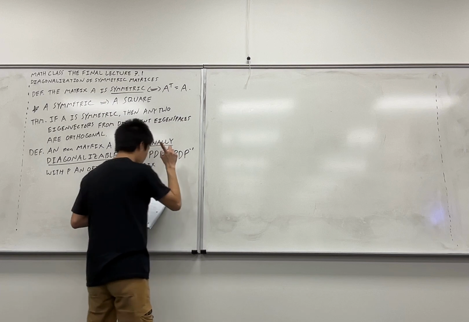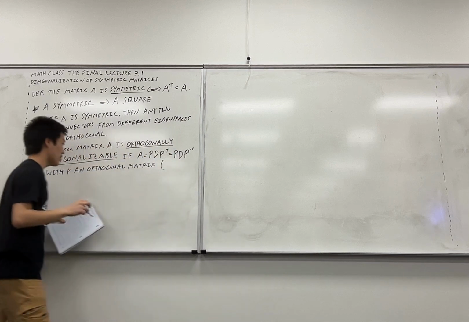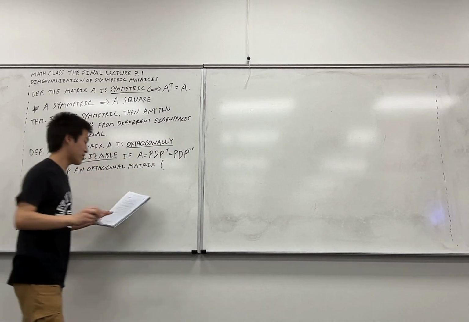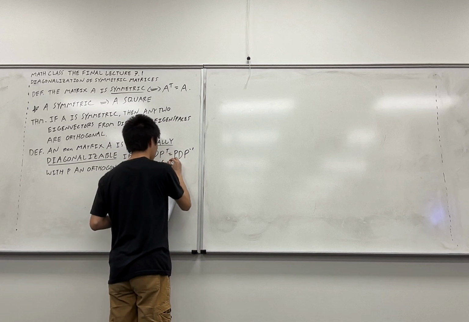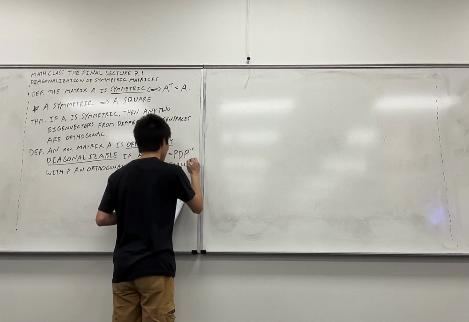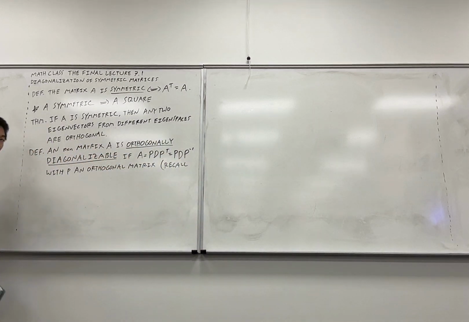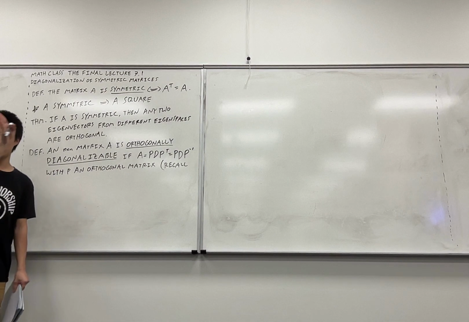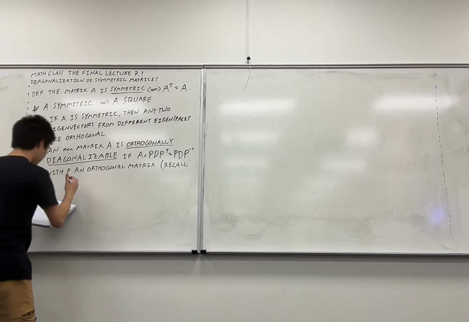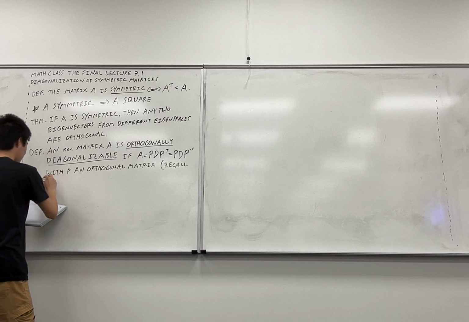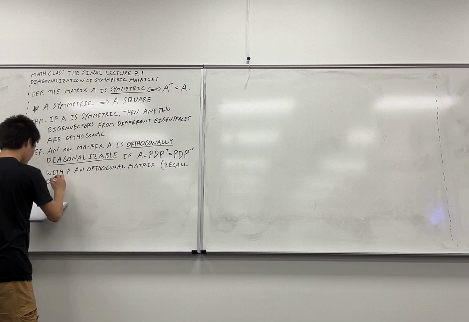Remember when we specifically talked about orthogonal matrices, there was a little property, right? Recall, if I have a matrix where every single column in that matrix is orthogonal to each other, and they've all been scaled to be unit vectors, then this is the specific type of matrix where its own transpose functions as its inverse.